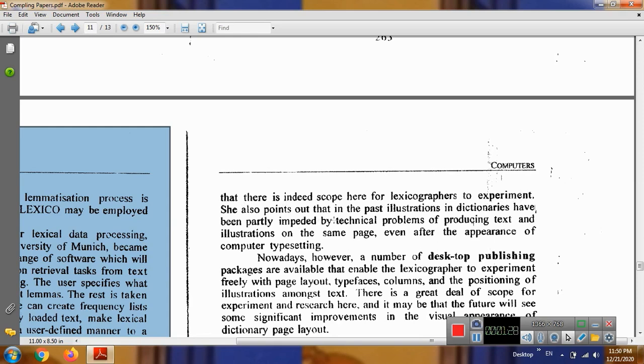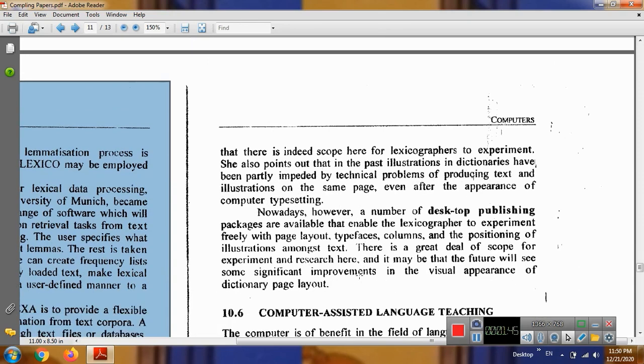She also points out that in the past, illustrations in dictionaries have been partly impeded by technical problems of producing text and illustrations on the same page, even after the appearance of computer typesetting.